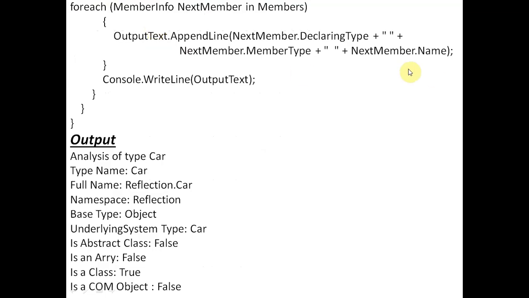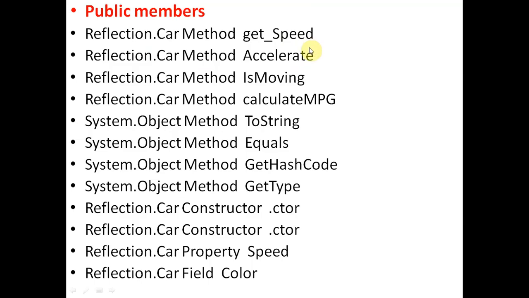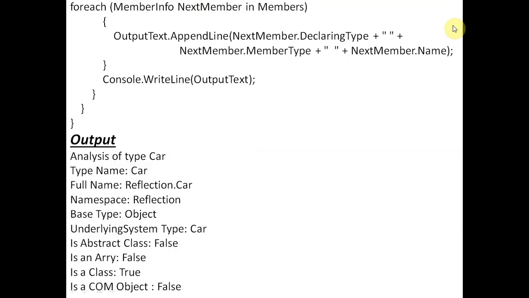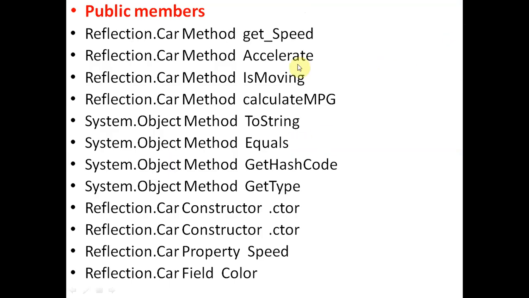Then plus next member dot member type, which is method, and third is the name, next member dot name. Its name is get speed. So this is the first line.